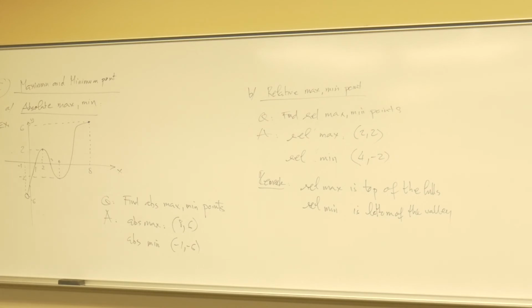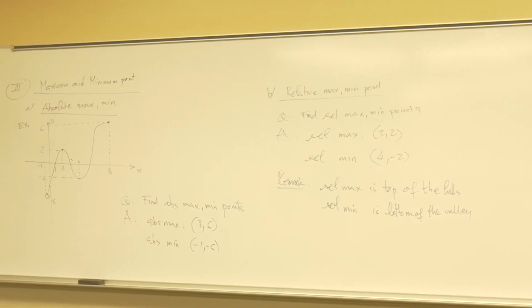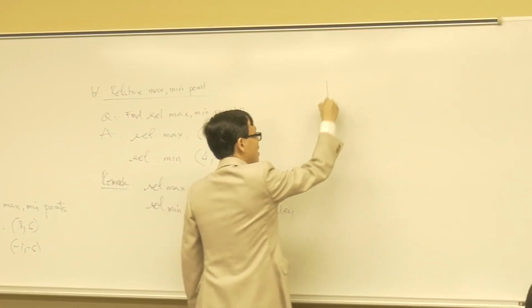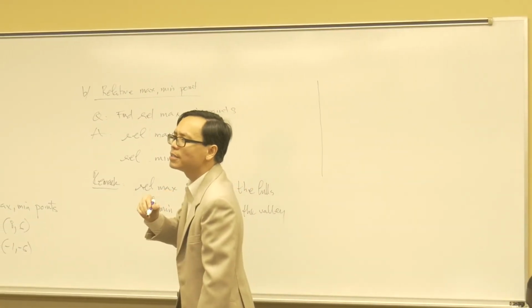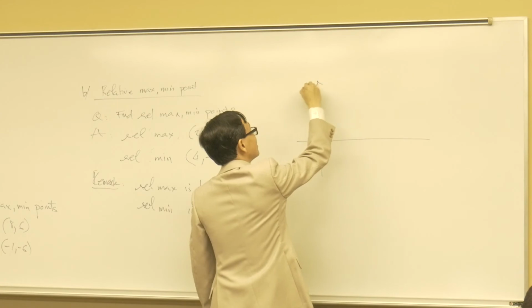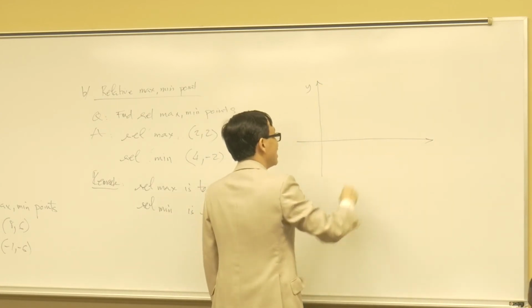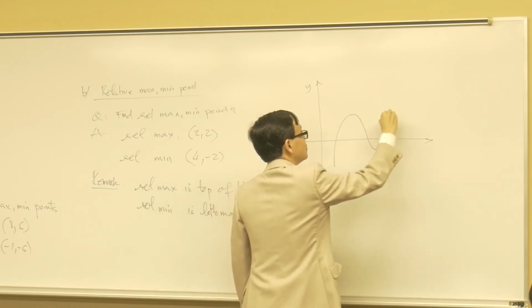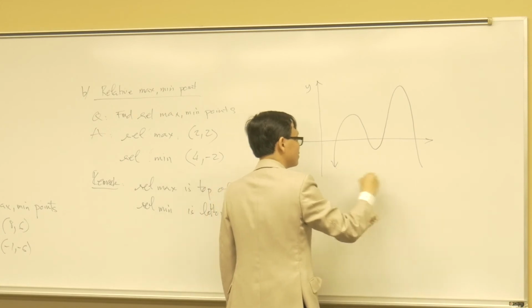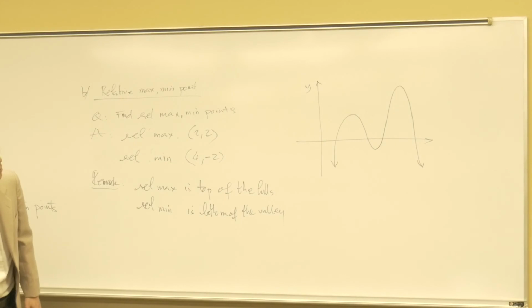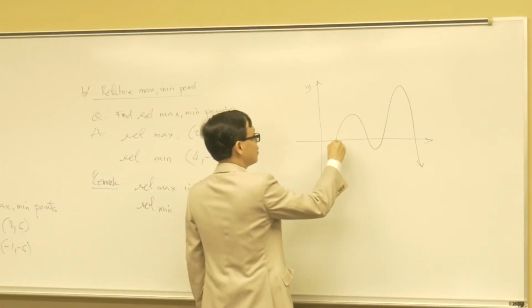However, sometimes the relative max is also the absolute max. For example, if I look at this graph, let me see, no, I cannot use that. I have a function that looks like this. I have one hill, two hills.